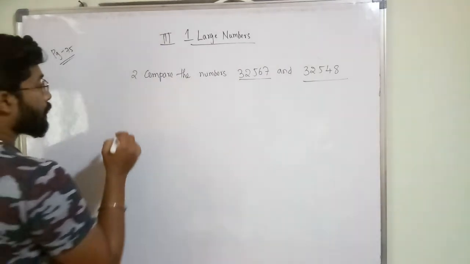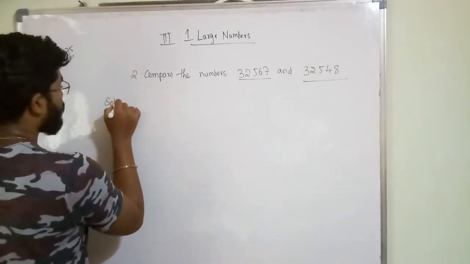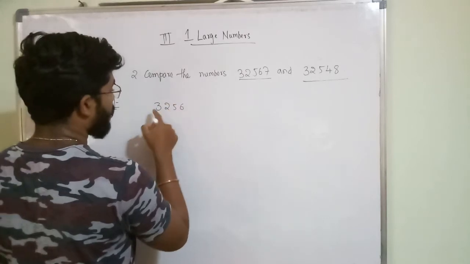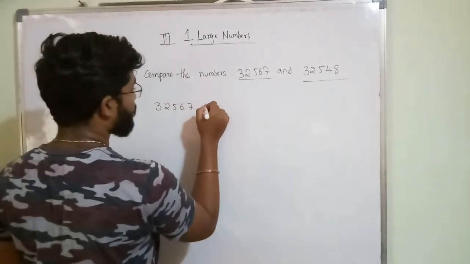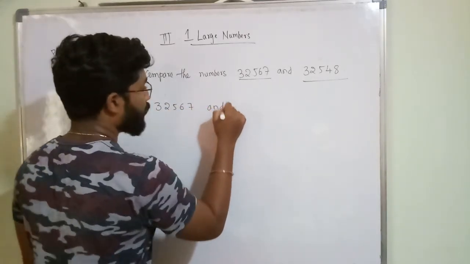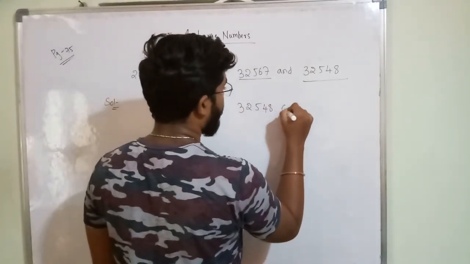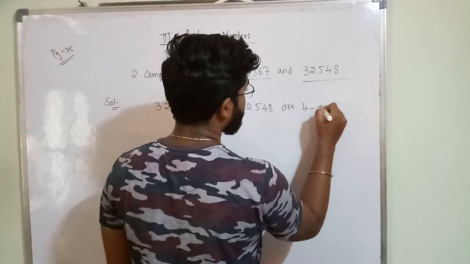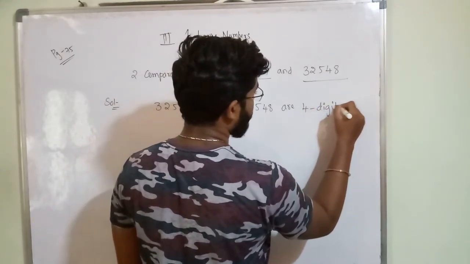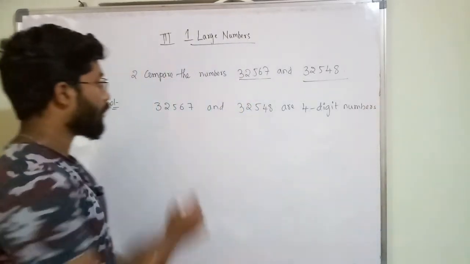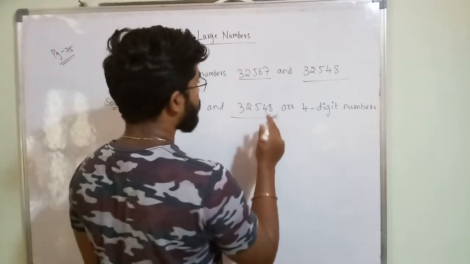Solution: 32,567 and 32,548 are how many digits? 4-digit numbers. Sorry, 5-digit numbers, not 4-digit.